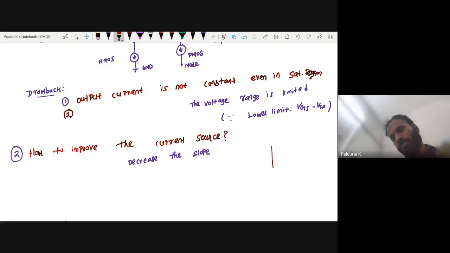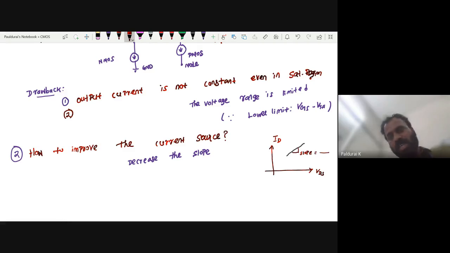What is the slope here? This is my VDS. This is my ID. And in saturation, actually, what is the slope here? Anyone? What is the quantity? What is the name?